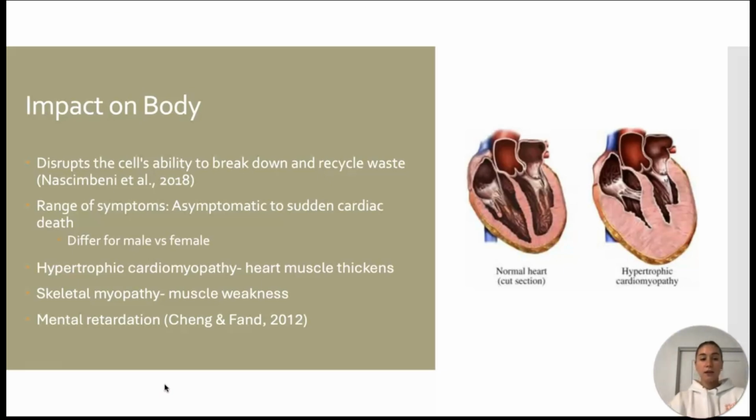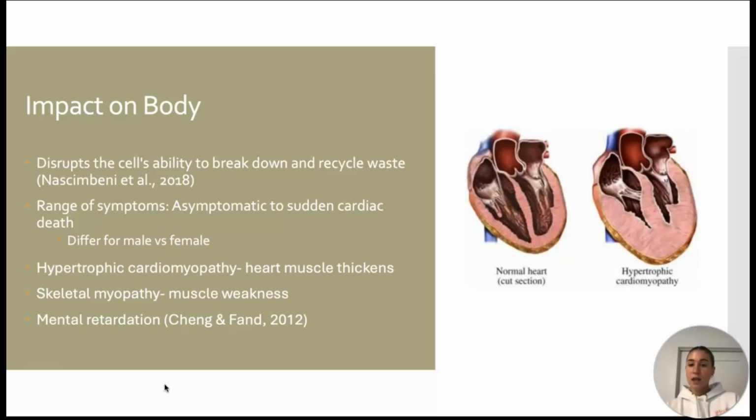And then some of the symptoms that occur are hypertrophic cardiomyopathy, which is basically the heart muscle and it thickens. As you can see on the right, that's what you're looking at here. So there is a normal heart on the left, and then with that same cut, you can see the light pink.